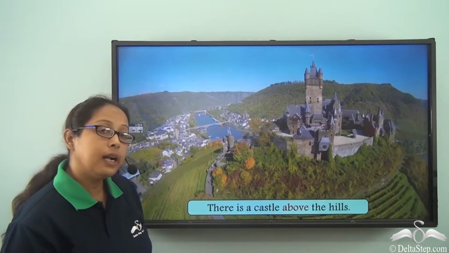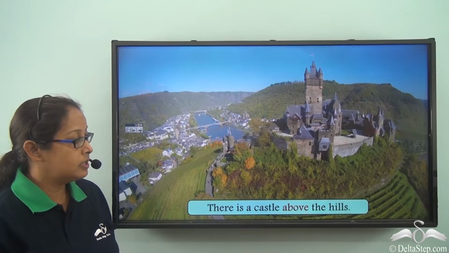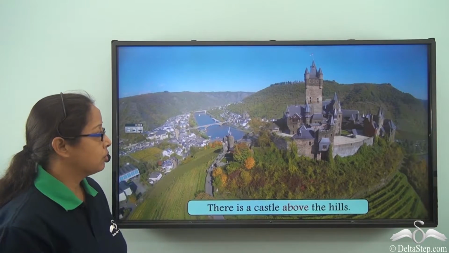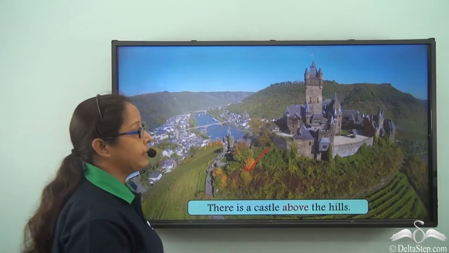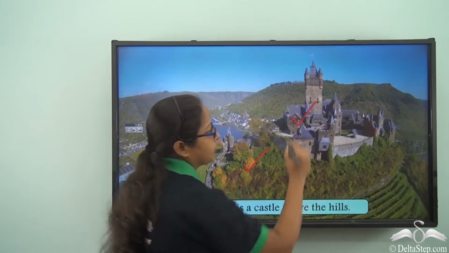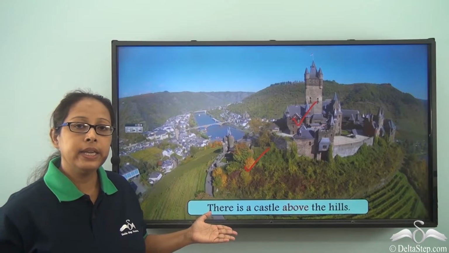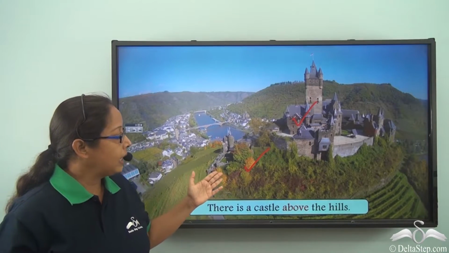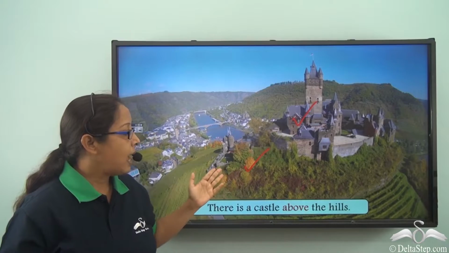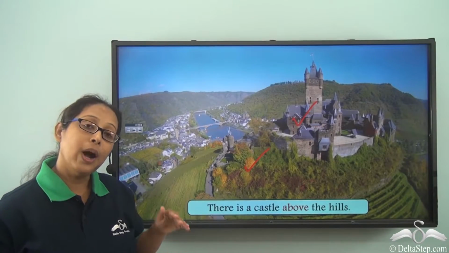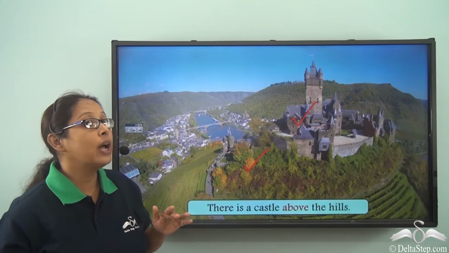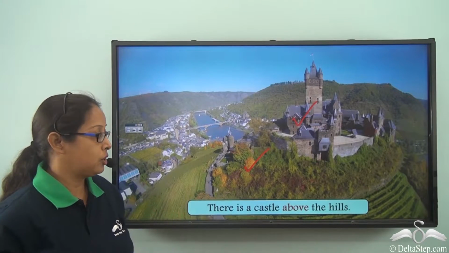There is a castle above the hills. Let's check this out. So this is the hill that we are talking about. And here is the castle. We can already see from the picture that the castle and the hill are not at the same position. One is higher and one is at a lower position.